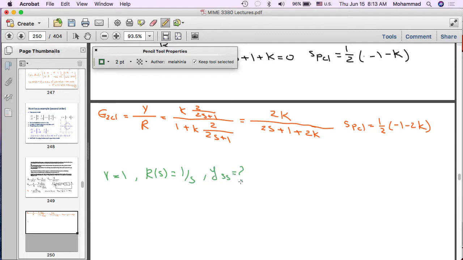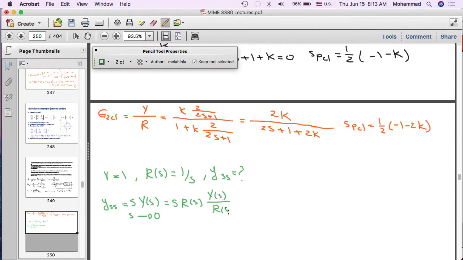So how will the controller perform, or what is the performance in steady state? So let's start from g1 closed loop. According to the final value theorem, Y steady state is equal to S times Y in the S domain when S goes to 0. So we have S, then we need to multiply this by R of S, and further multiply it by one of these closed loop transfer functions that will give us Y of S over R of S.